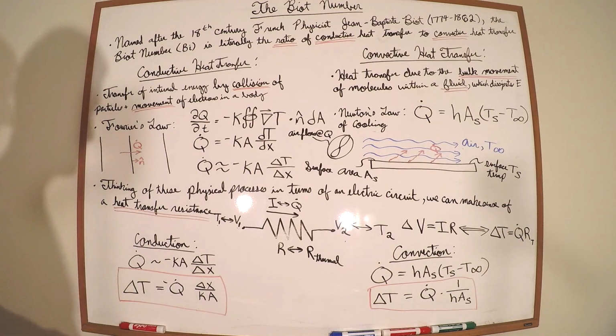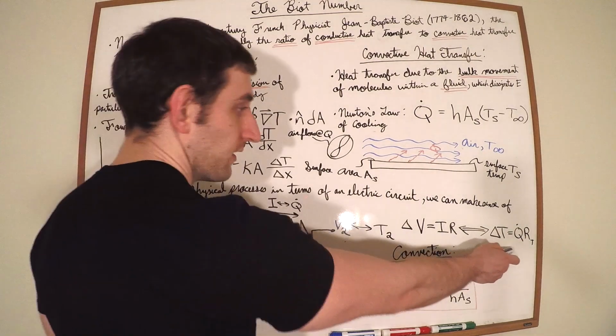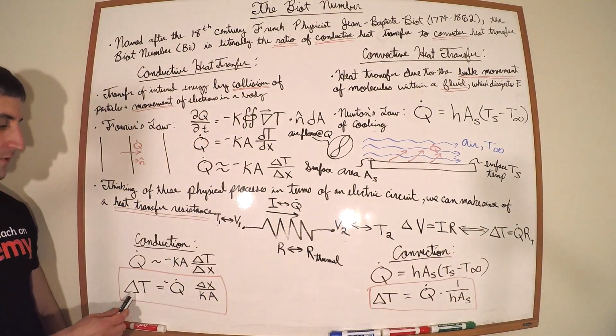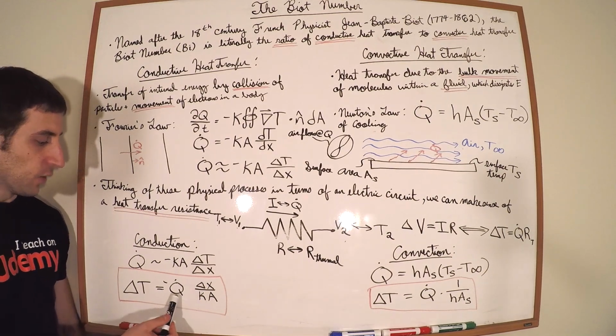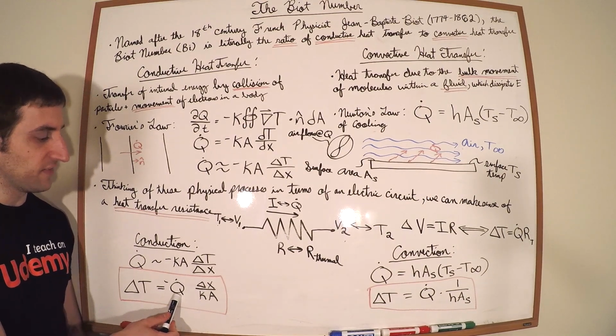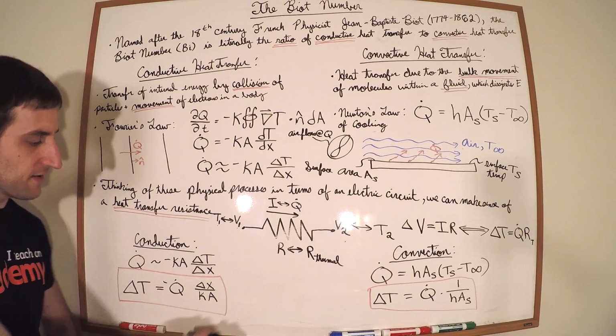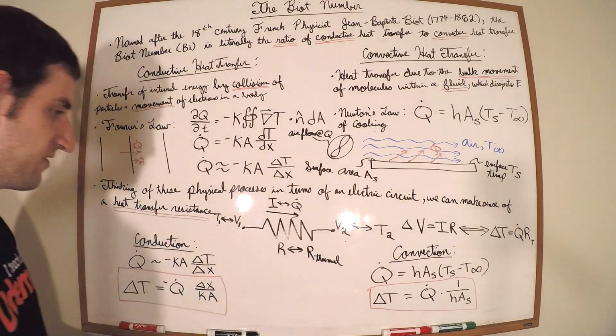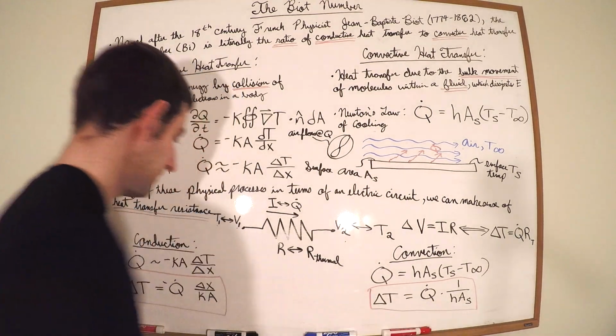What we end up with is the same form here. We have delta T, sort of like the potential difference. We have Q dot, sort of like the current.